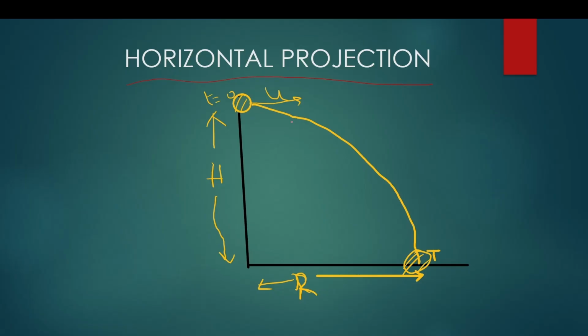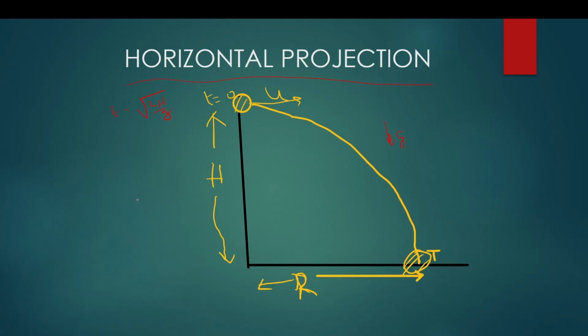So it will move under the influence of gravity, and it will strike the ground at time equal to t, and the range is denoted as R. We already knew from the free drop of the ball that time t equals root over of 2h by g.